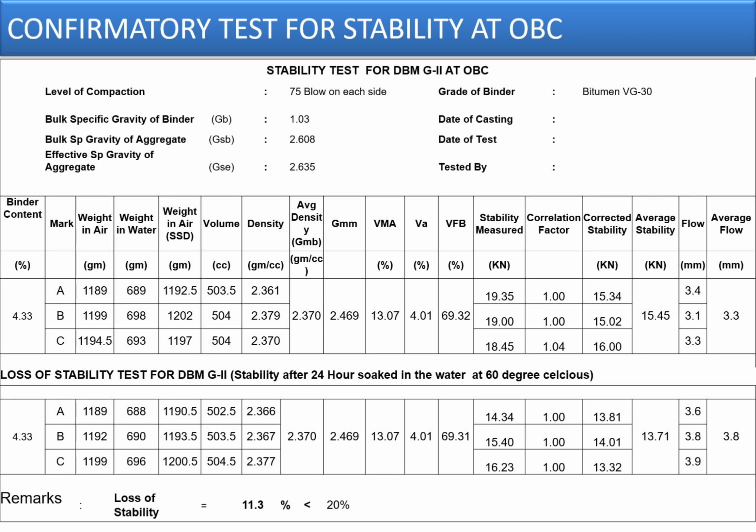There will be some change in the VFB, but definitely there will be change in the stability. So what is the change in the stability and what is the change in the flow value is calculated. And if the difference is within 20%, that means loss of stability. If it is less than 20%, that means the mix is acceptable and you can continue with the regular design mixes.